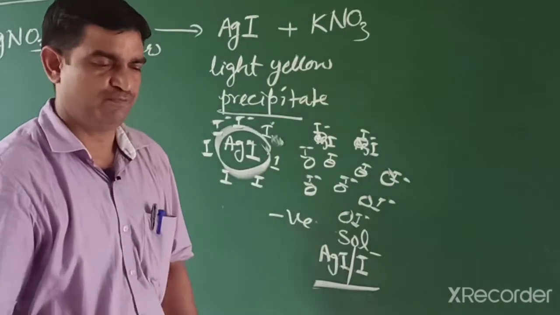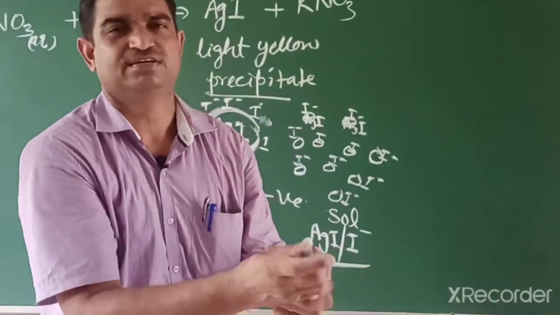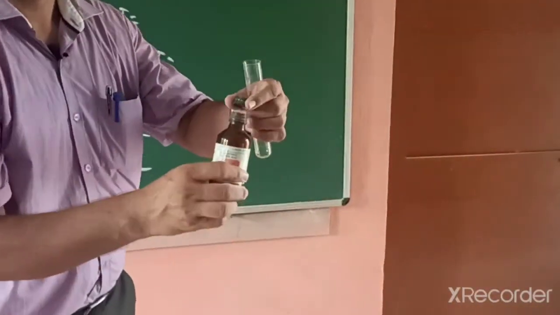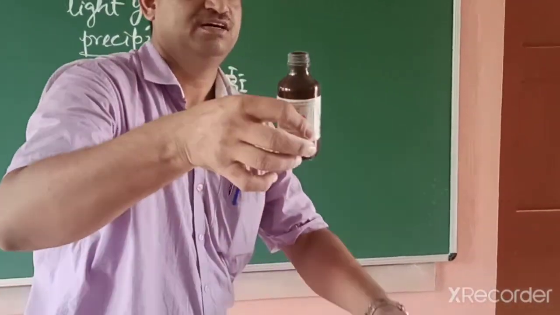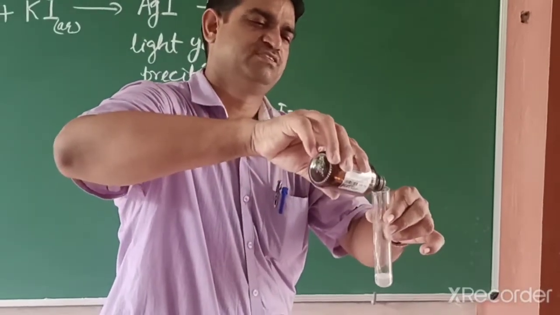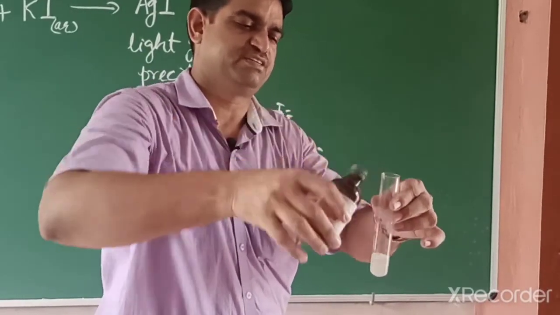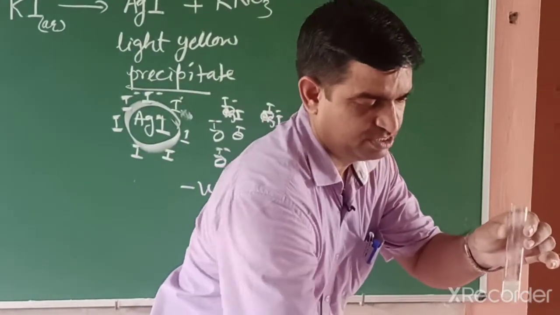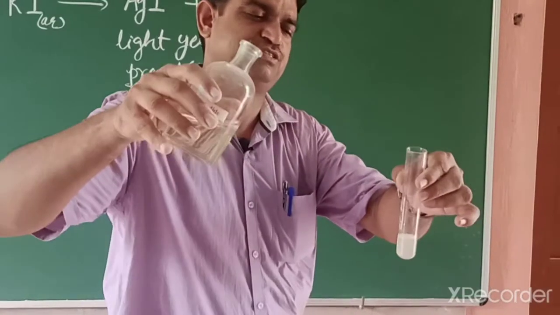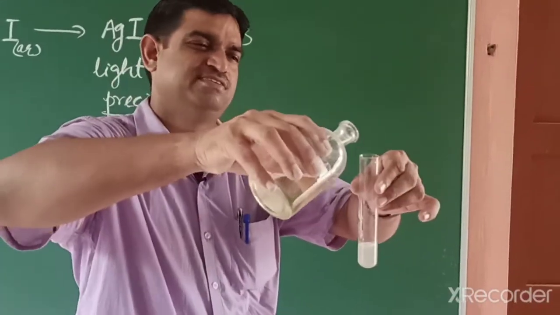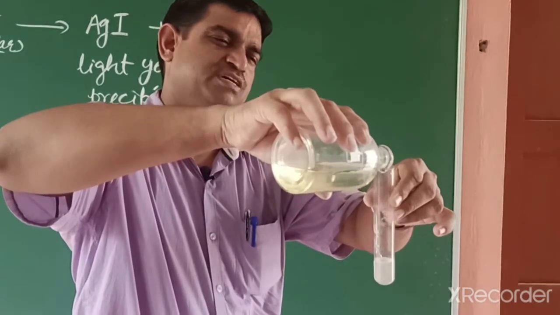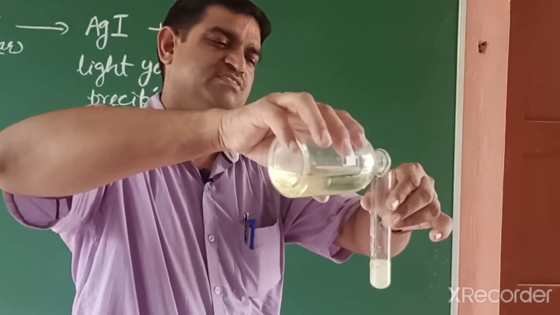Now if I do the opposite, students, if I take silver nitrate in a test tube first, and then I mix in potassium iodide. You can see the difference.